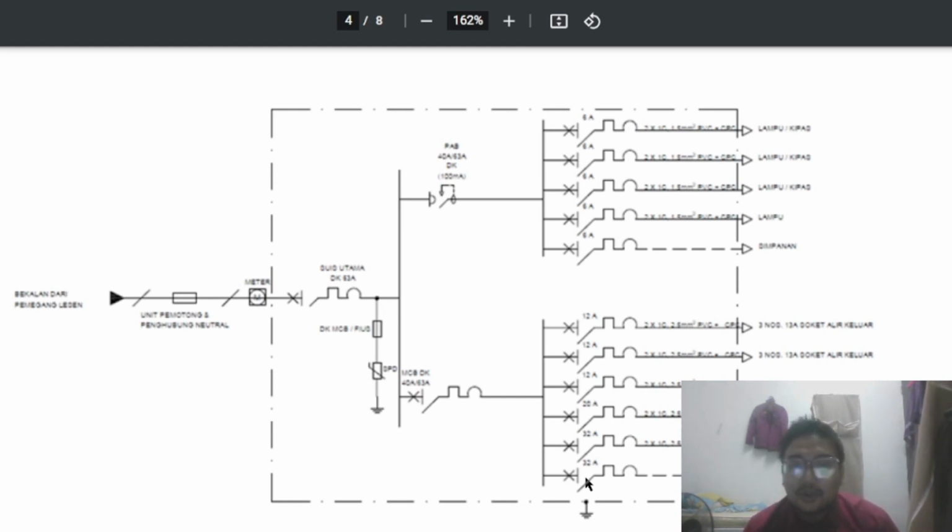So we improvised and added 12 ampere final circuits for 3 pieces, 20 ampere for one, and 32 ampere for one. As storage, like before, we include one for the lamp circuit and one for the power circuit, which is 6 ampere for the lamp circuit and 32 ampere for the power circuit.